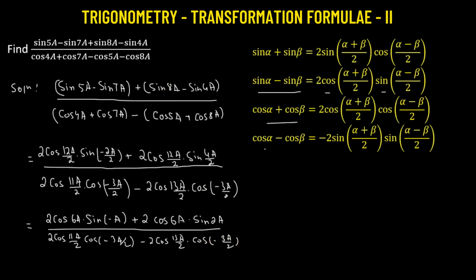However, we know that cosine is an even function, meaning cosine of negative theta is cosine of theta, and sine of negative theta equals negative sine theta, because sine is an odd function.